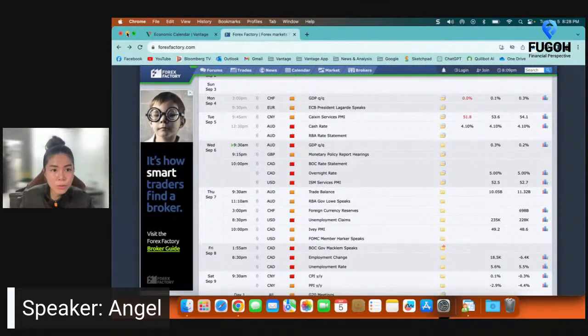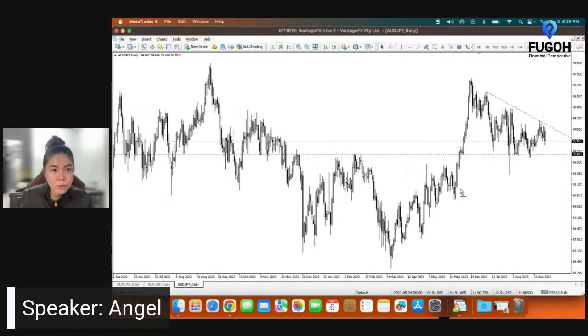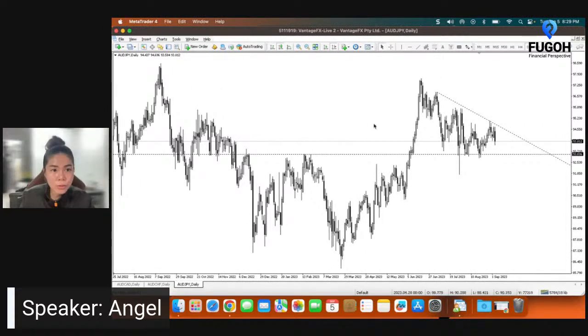All right. JPY is a safe haven asset. So even though there's not much on the calendar today, it will still move depending on the sentiment in the market. But anyways, it has also moved already. Now let me see how we can enter our trade, or if we still can.